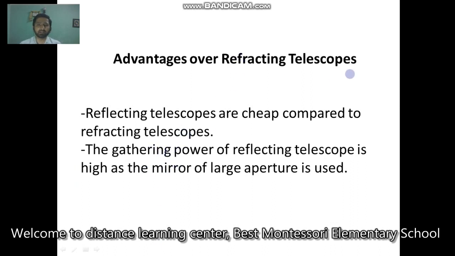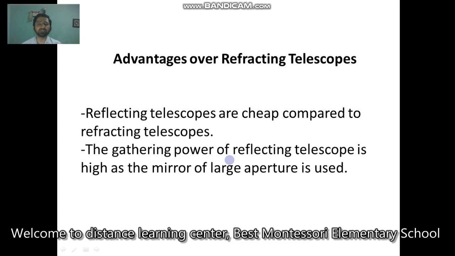Furthermore, in refracting telescopes there are many problems while using lenses. There is a defect in the lens, there may be the presence of bubbles. To correct those factors, reflecting telescopes are now widely used. I hope we are clear with the concept of reflecting telescopes.